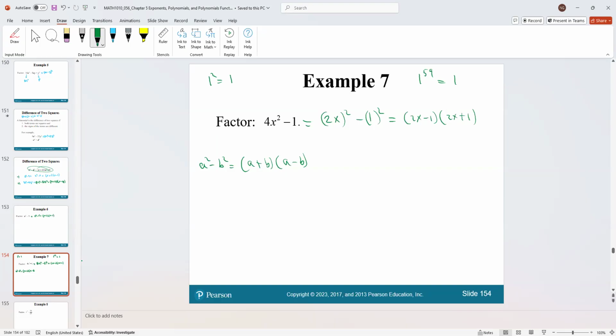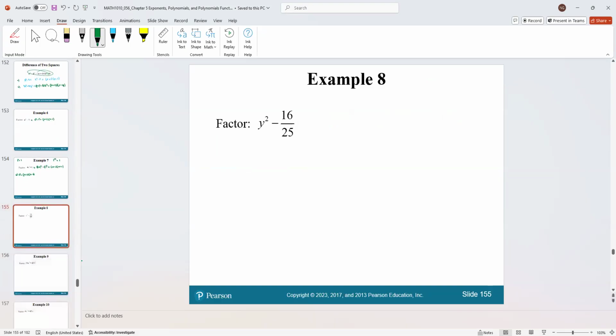Another example, even when we deal with fractions, you can still do a squared minus b squared equals a plus b times a minus b. Now, look at that. You can rewrite this as y squared minus 4 over 5 squared, right?